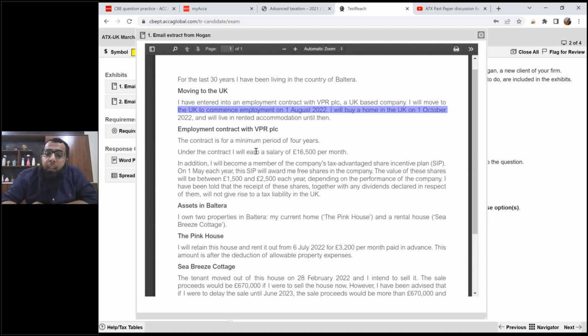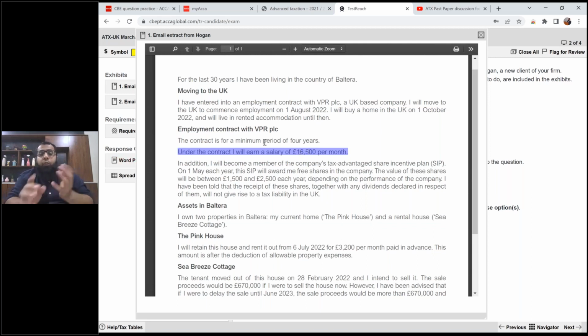Under the contract, he will earn a salary of 16,500 per month. So August, September, October, November, December, January, February, and March: he will get a salary of 8 months, which will be his employment income. The share incentive plan will not give rise to any tax liability.